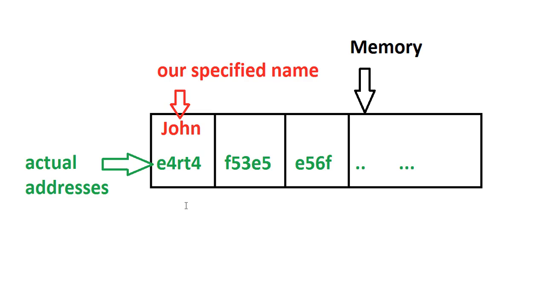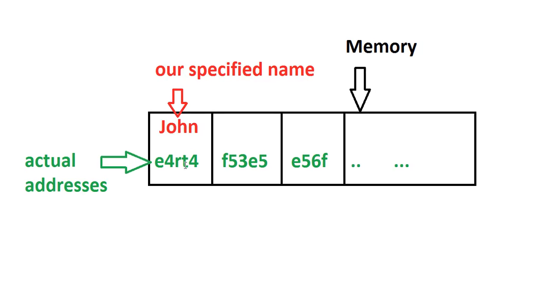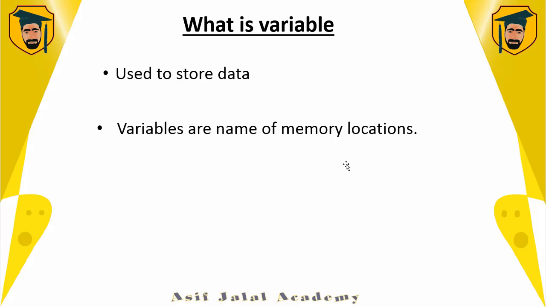John is our specified name for a specific memory location, which is E4RT4. So this is the memory location, and I give it the label John to make it simpler for our programming. This is a great example of a variable. Variables are the names of memory locations, for storing data. I think that's enough for that.